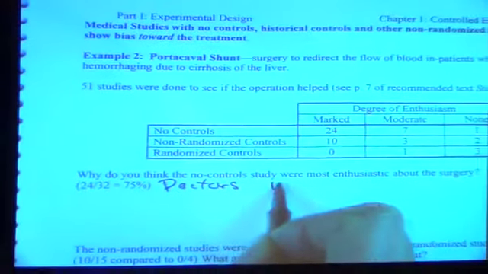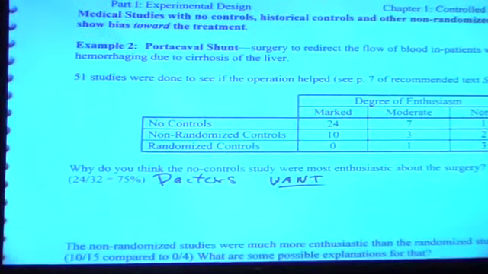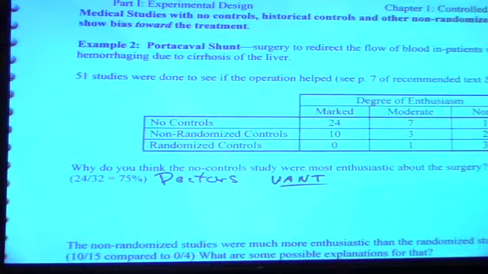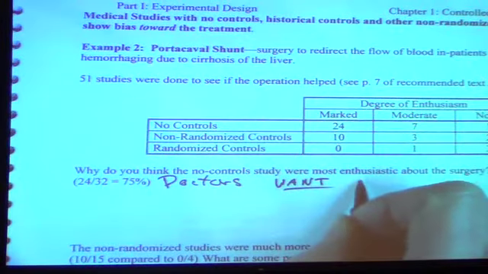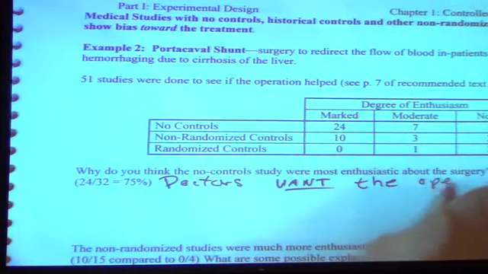Doctors want, who wants their patients to die on the operating table? Who wants their patients to die? The doctors want to help their patients, want the operation to succeed.